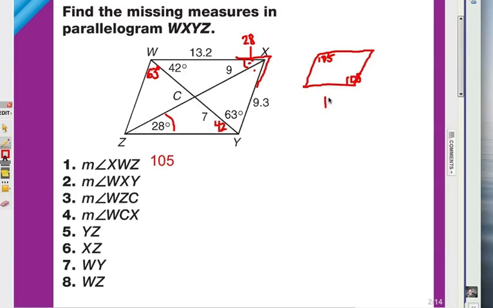So we're going to take 180 and subtract 105 to see what's left. And that will be that other pair of interior angles. All right, notice how that would be 65. Excuse me, I mean 75. So those opposite angles are 75. There we go for number 2.